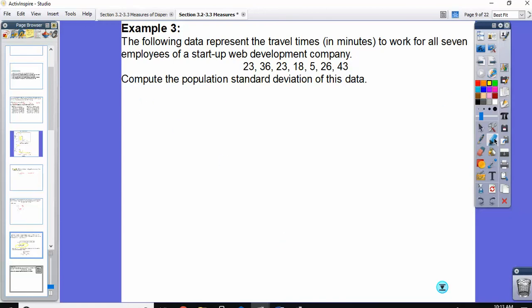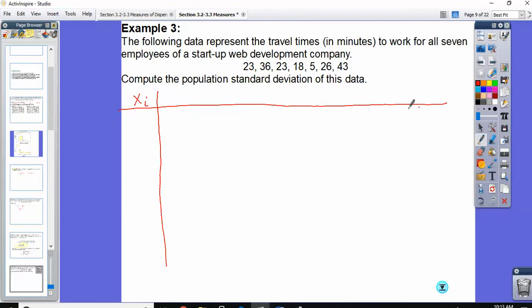So let's make a table, and I'm going to put x sub i. That's going to be just our individual values that we saw. We're going to have 7 of those, the 23, 36, 23. You have to list it every time it shows up.